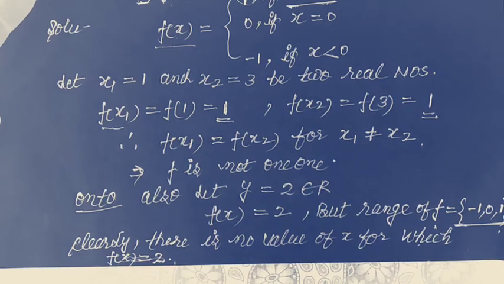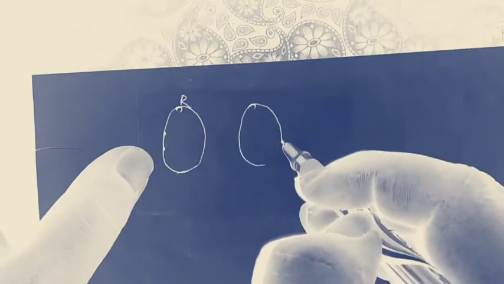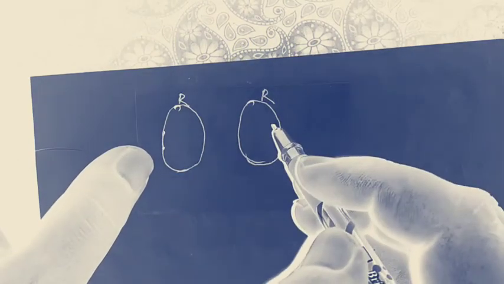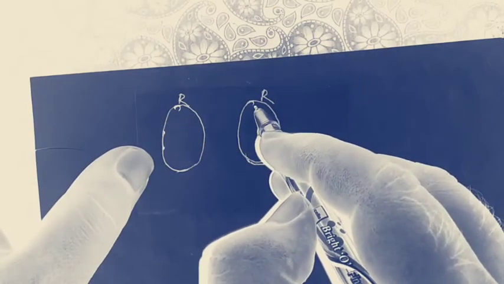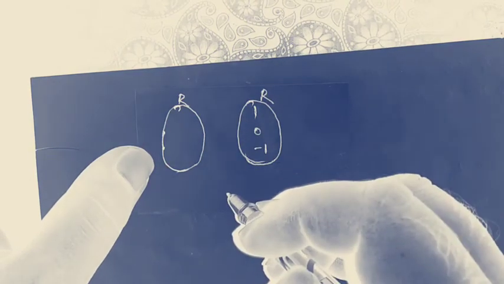Now let's see this question by ray diagram. We have the domain as the real numbers and the codomain also the real numbers, but we have a range 1, 0, -1, isn't it?